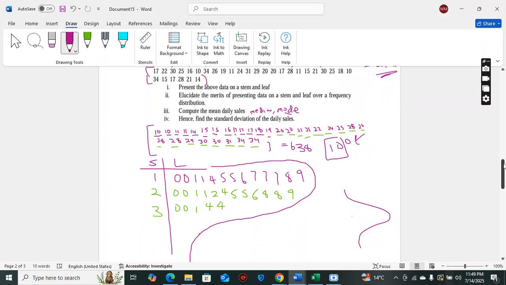Which daily sale appears the most? 17. Yes, 17 appears the most.